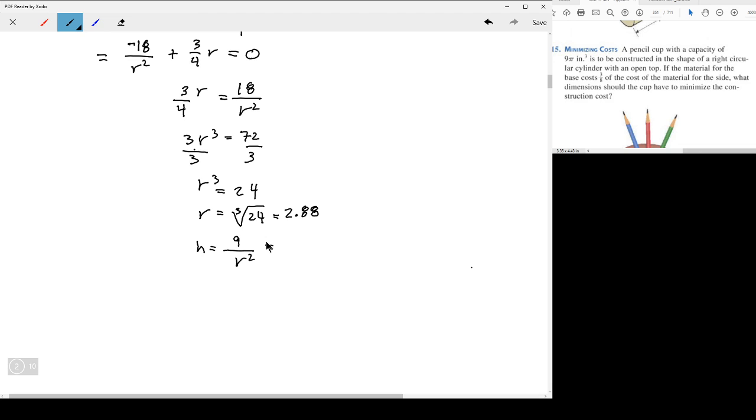So that is going to be 9 over... I'm just going to work with the 2.88. So, okay, 2.88 squared. So that is going to be 9 divided by 2.88 squared, which is 1.09.